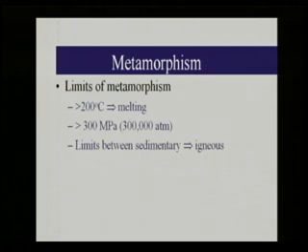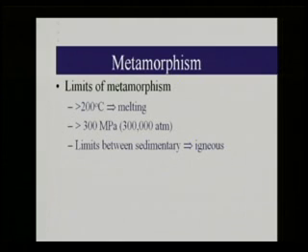So the limits of metamorphism would be from about 200 degrees Celsius all the way to melting. We don't want to completely melt the parent rock, because if we do, we end up with magma or lava, and when that cools, we don't get a metamorphic rock. We get an igneous rock.